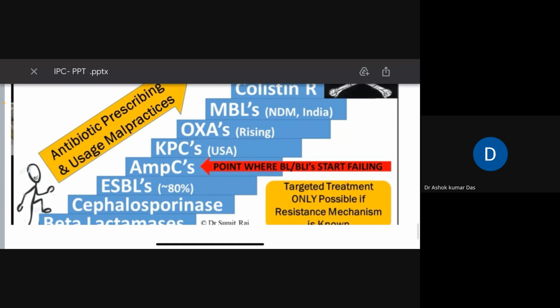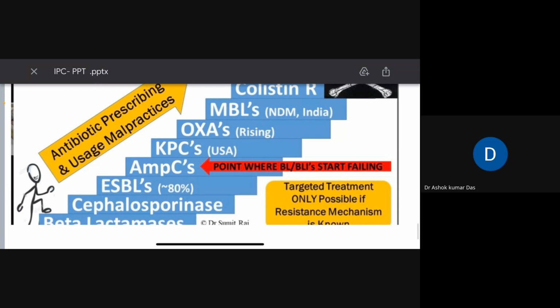Later the newer bugs came, and people stopped responding to drugs like amoxiclav or Augmentin, which were given so frequently for every fever in neonates or the pediatric age group.